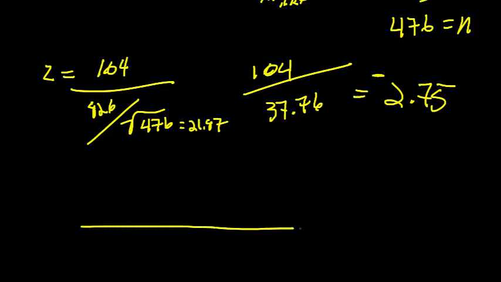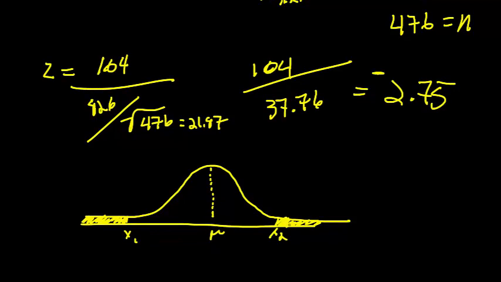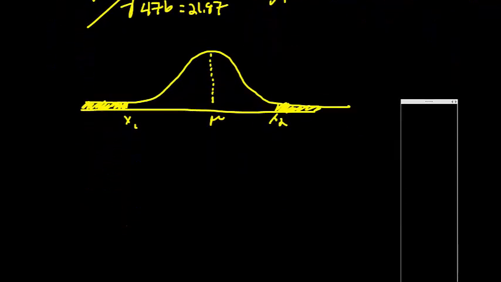Okay, let's draw this again. Make sure that we understand. I guess what's happening here is that the actual X is much further out than we thought it was going to be. Okay, it's mu, X sub 1, X sub 2. I guess it is right. It's just weird with those numbers.